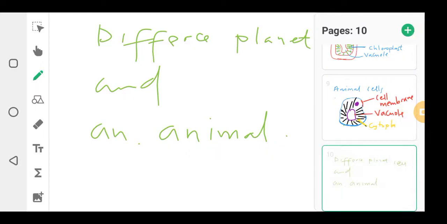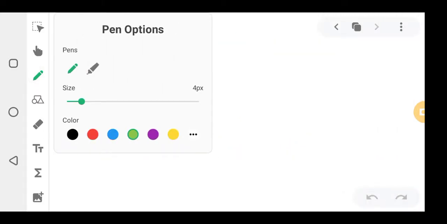So the differences are these. Let me draw a table so that I make you understand.